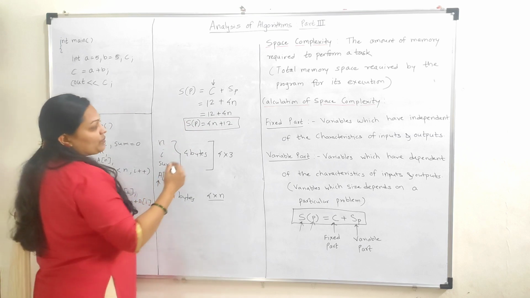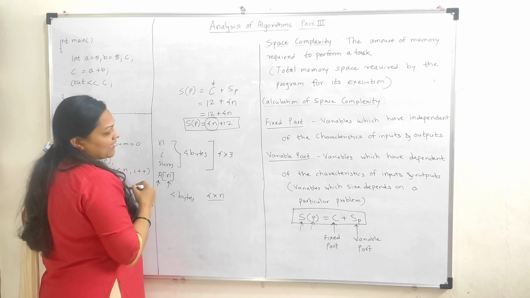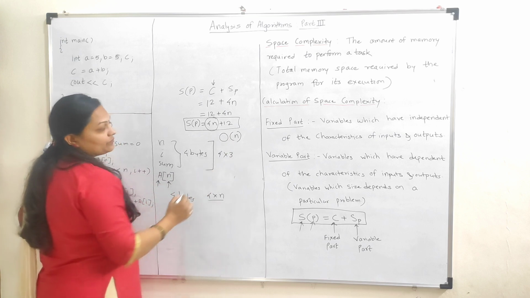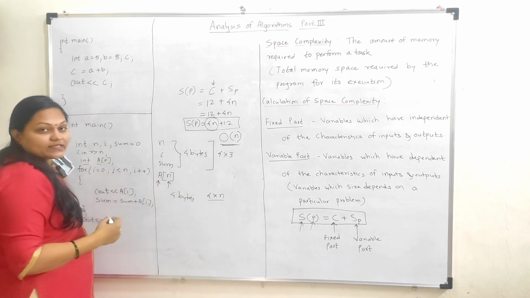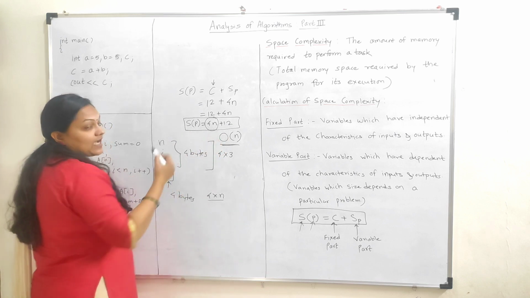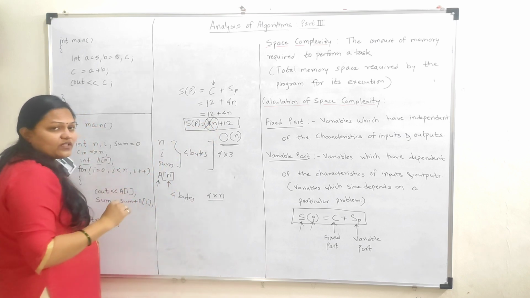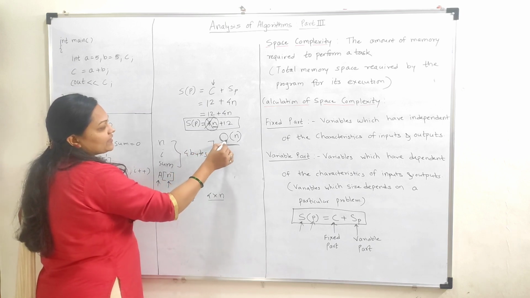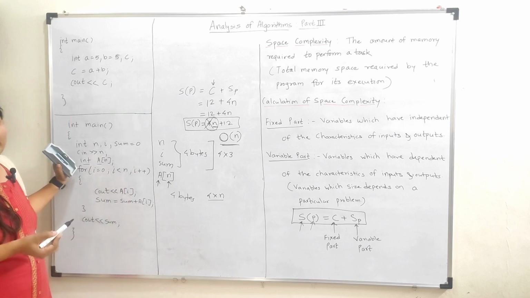Now what is the space complexity for this? You need to consider the term having the highest exponent, and that we can represent as big O of n. So this we can say is a linear space complexity. Like time complexity, we will consider the highest exponent term, then ignore the constant multiplier, and consider only big O of n, because here we are considering the worst case.